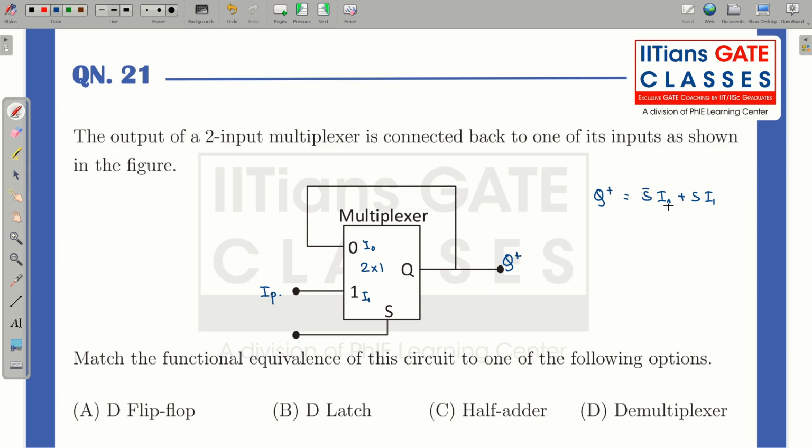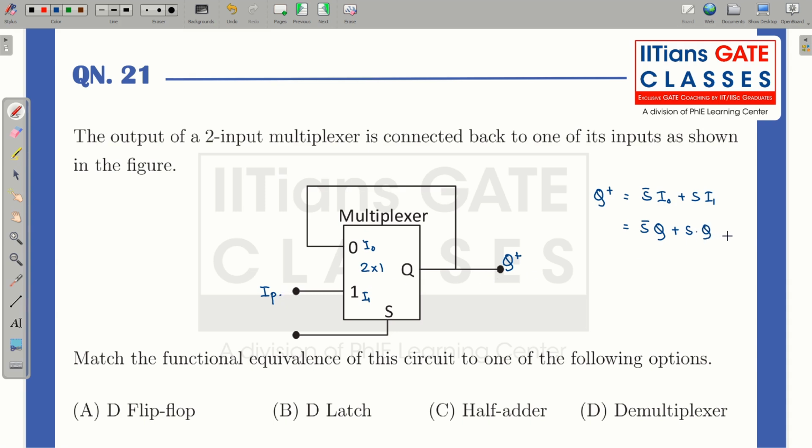Now if I put the values of I0 and I1, what I can see is that this is actually S complement I0, which is your Q, plus S dot I1. I1 will be whatever state you give.